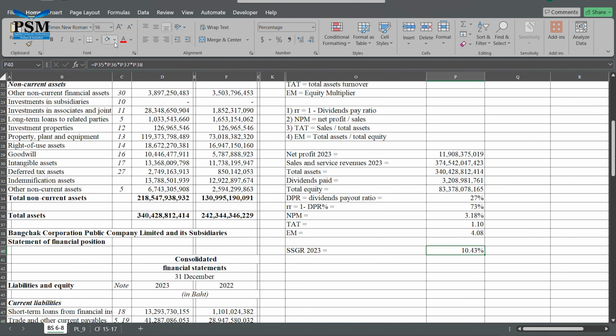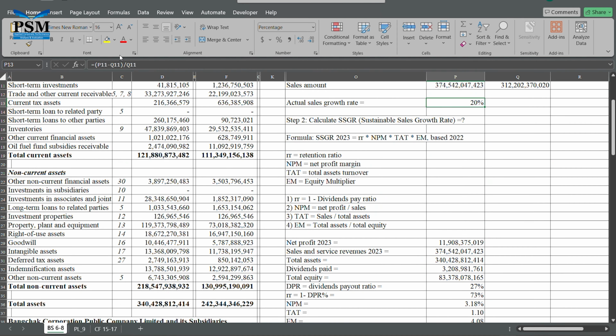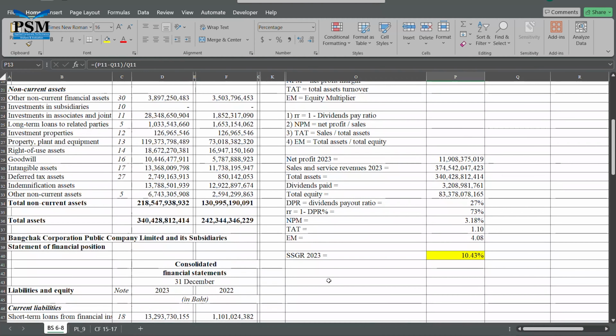We must compare that number with the actual sales growth rate, which we computed in step 1, 20%. That tells us that the actual sales growth rate, 20% in step 1, is greater than the sustainable growth rate of the company, which is only 10.43%.